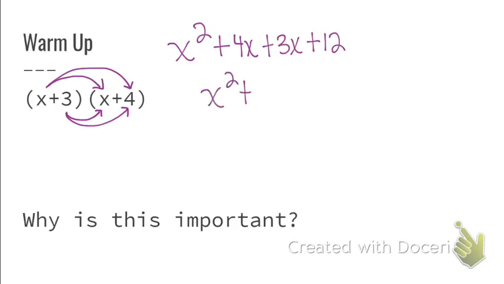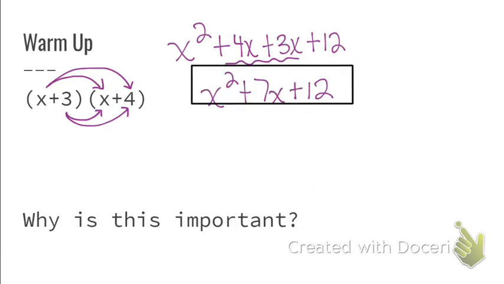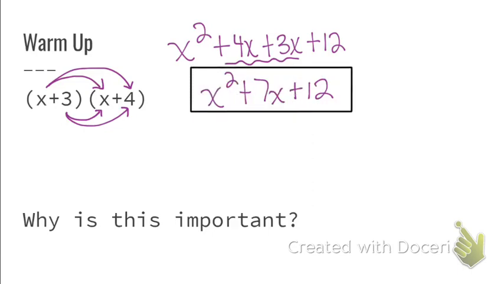So we combine the 4x and 3x to give us 7x plus 12. There's our answer.